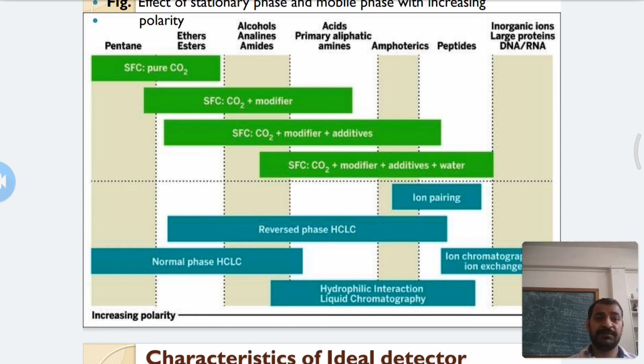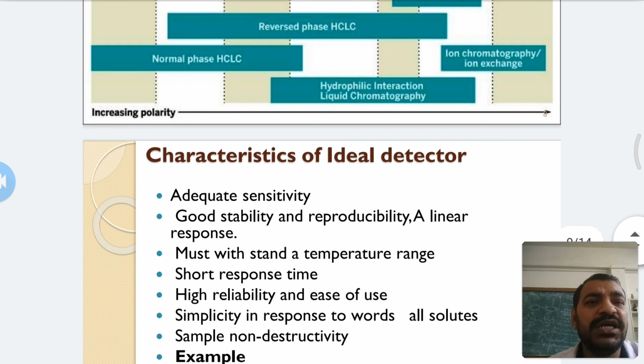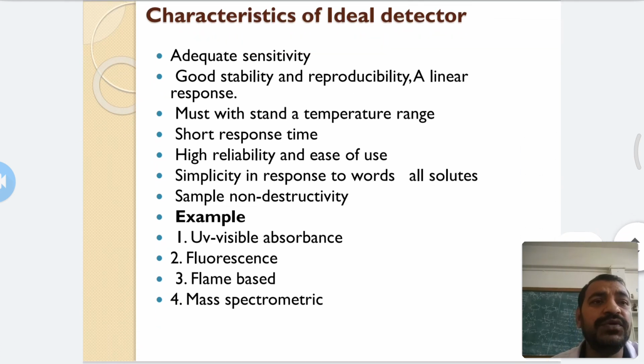Compared to HPLC, there is a lower pressure drop across the column in supercritical fluid chromatography, so it is a short analysis chromatography. We analyze our analytes more quickly in supercritical fluid chromatography as compared to HPLC or other chromatography. Here we discuss the characteristics of an ideal detector.